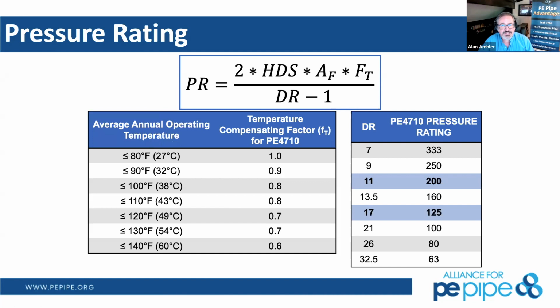Some of you had asked about, and again, thank you so much for the questions, it makes these all so much better, pressure rating in higher temperatures. There is a temperature compensating factor. There is also a factor by which we would derate the pipe if there was presence of hydrocarbons or other things that you would put through there.